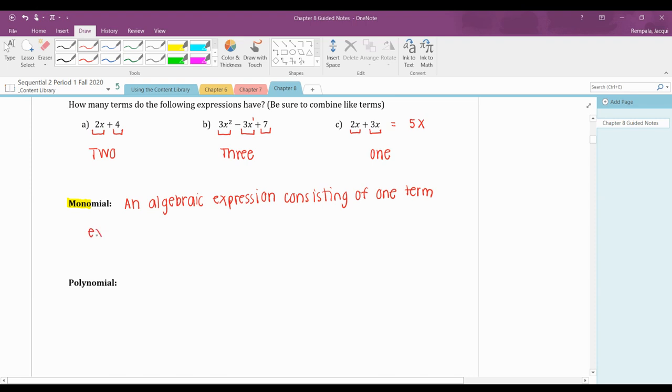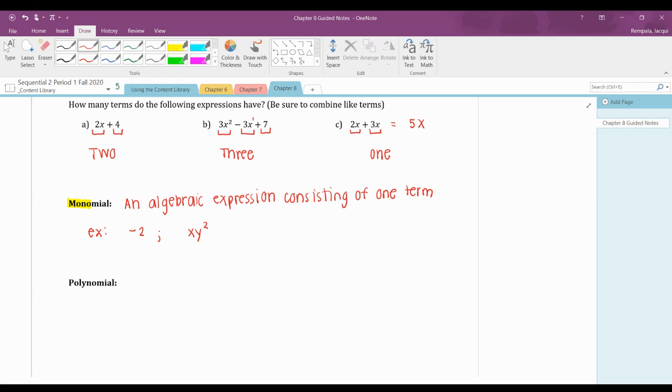So a couple other examples of monomials, it can be just a number. So like -2, that's a monomial. We could have a couple of variables as long as there are no addition or subtraction signs breaking them up. If it's all multiplication, then it's a monomial.